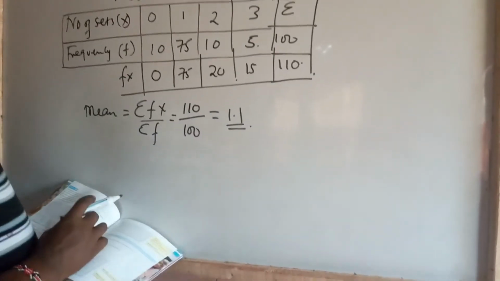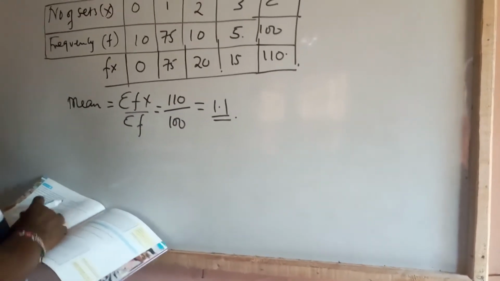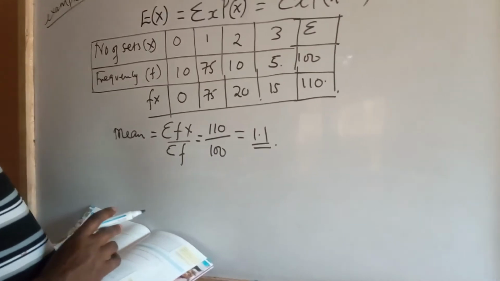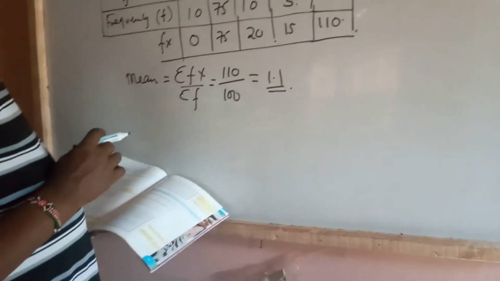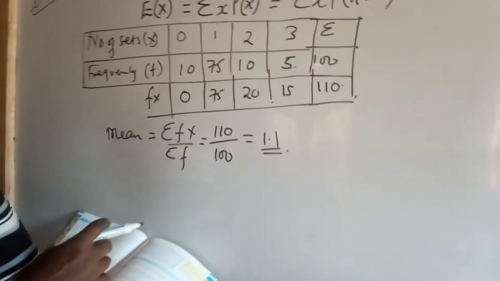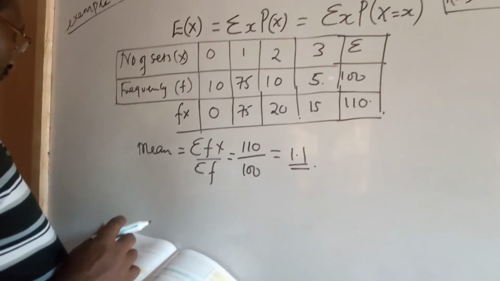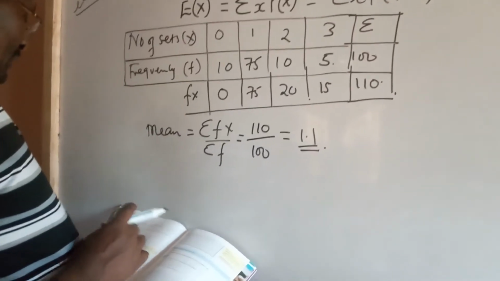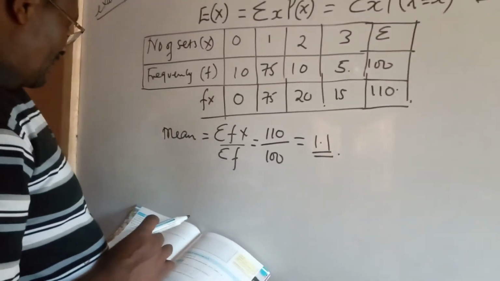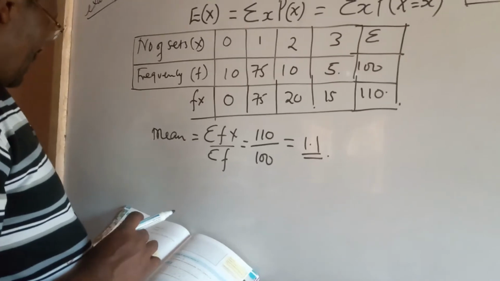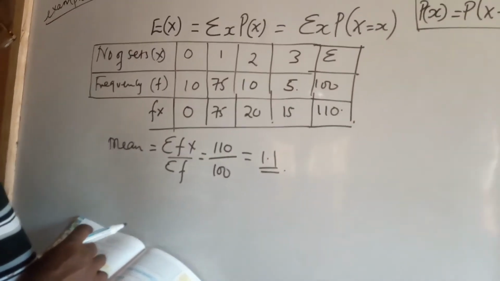So on average, each family is having 1.1 television sets. Part B of the question: draw up the probability distribution table for the variable x, where x is the number of TV sets in a house picked at random in the town.